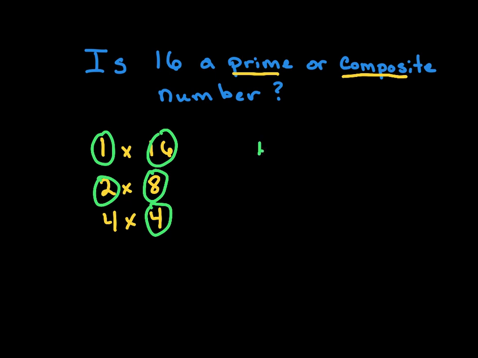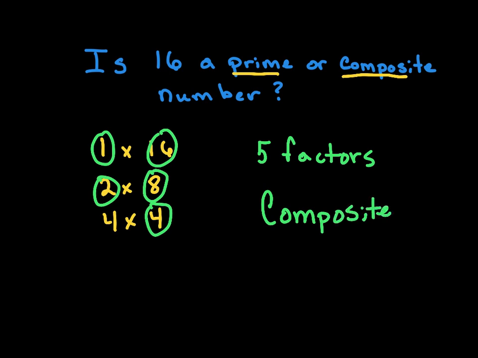So there are 5 factors of 16, which makes it a composite number. You also need to remember that the number 2 is always a composite number. Just keep that in your mind.